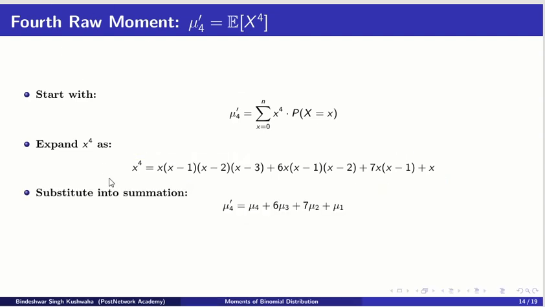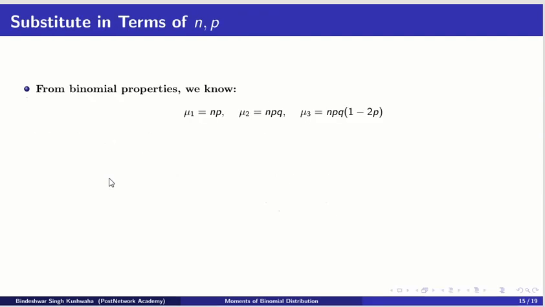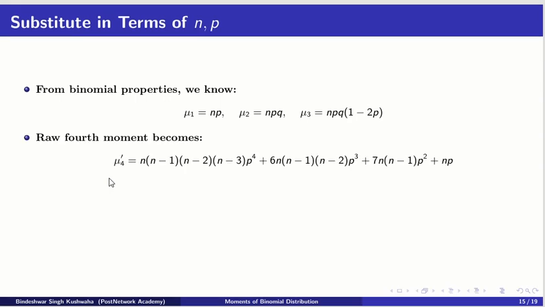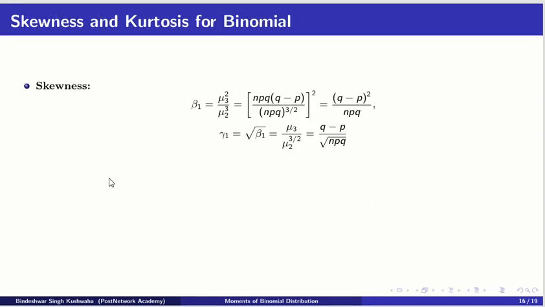If we substitute all the values, we will get this. Now from binomial properties we know that the mean is np, mu2 is npq, mu3 is npq(1 minus 2p), and for the raw fourth moment we get this long expression. If we simplify, we will get this expression.